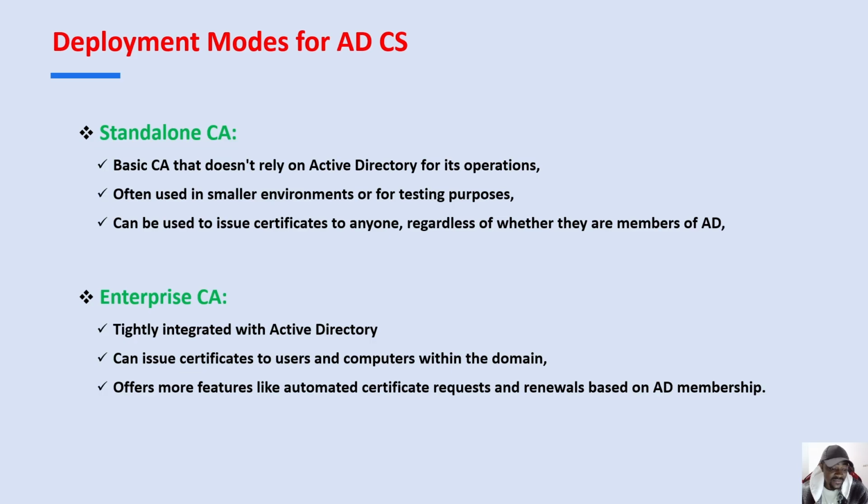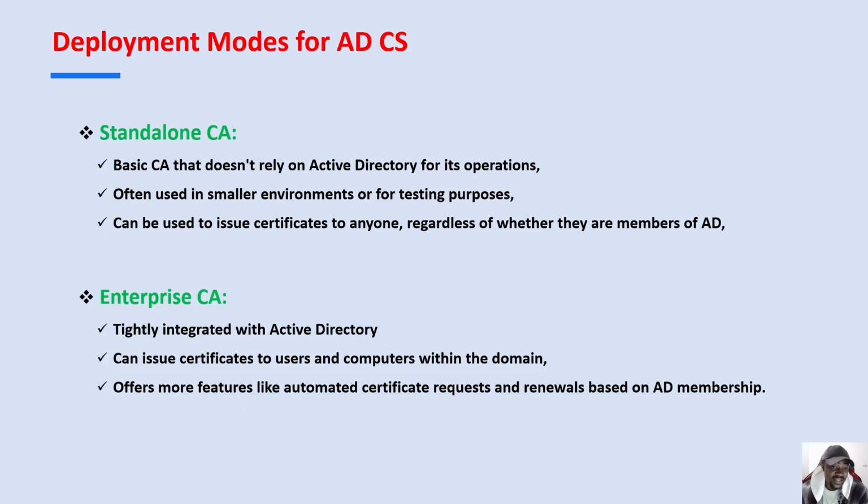So if an entity requests a certificate, you can easily manage the certificate from the enterprise CA. You can easily renew the certificate. You can easily revoke the certificate, at any given moment, if you discover that it is being used for purposes other than the one for which it was set up.